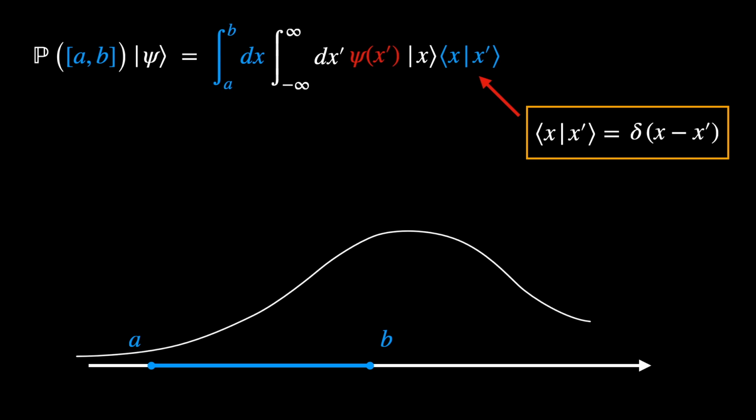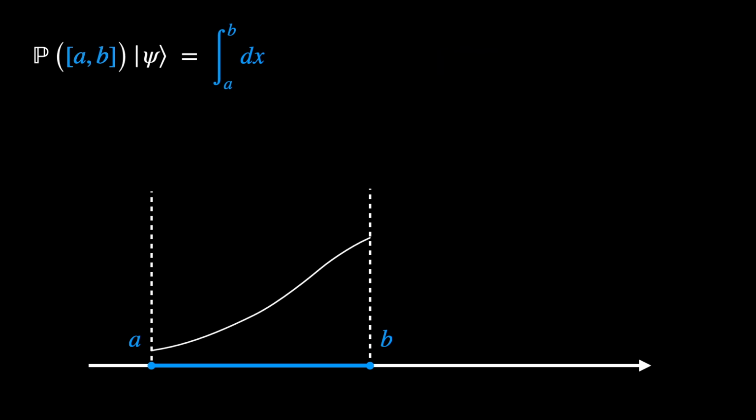Upon integrating out x prime, we obtain the resulting state, which is the original state with regions outside of AB eliminated, while leaving the part within AB unchanged. Essentially, the portion of the state within AB is projected out just as expected. Now we see why this operator is called a projector.